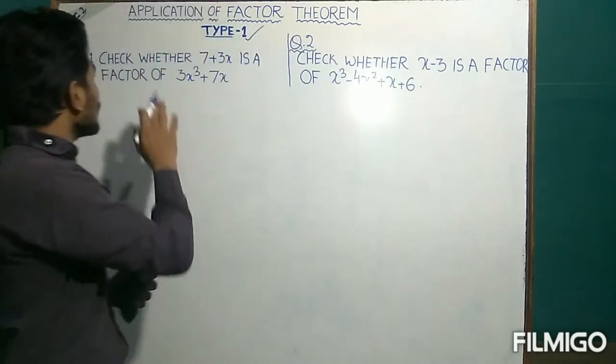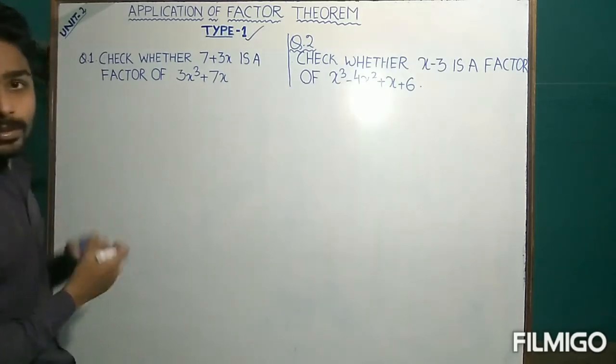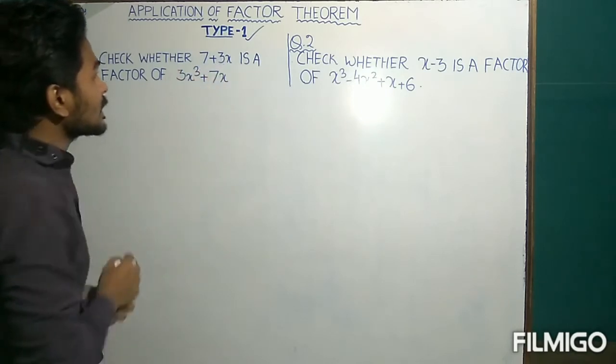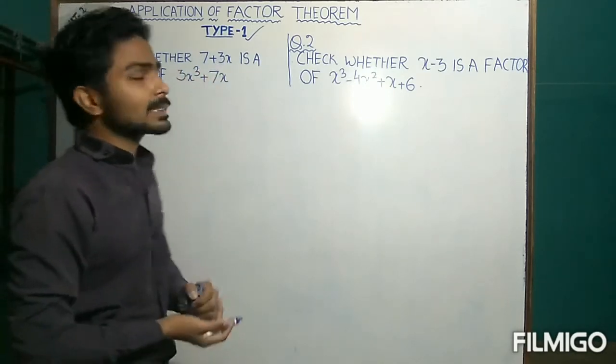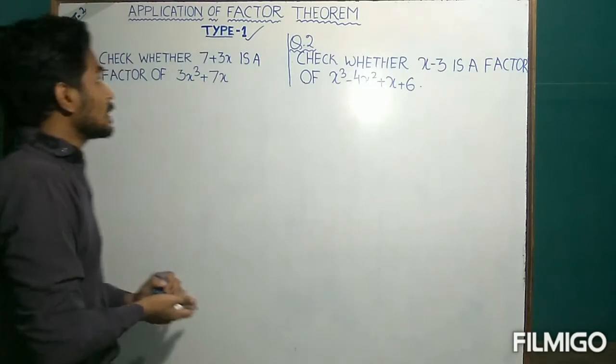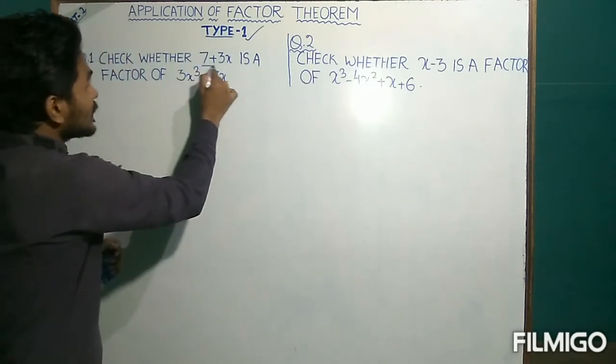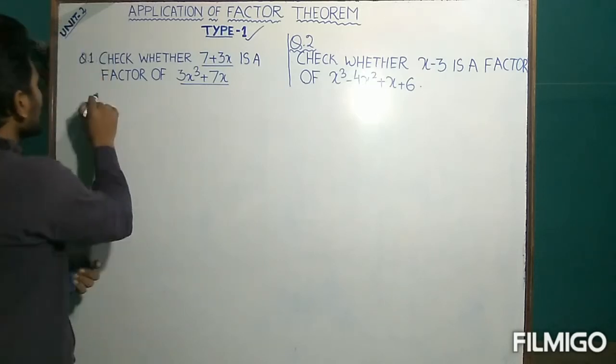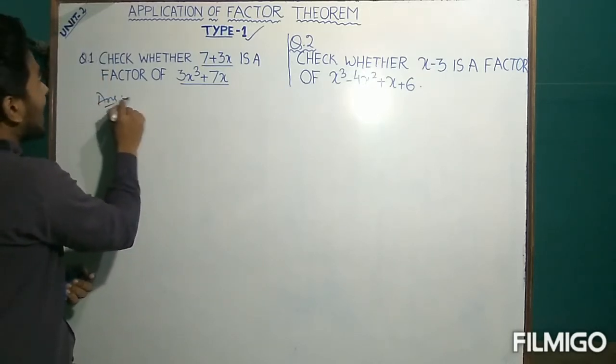So let us come to the first question. First question we have: check whether 7 plus 3x is a factor of 3x cube plus 7x. So we have to check whether this polynomial is a factor of this polynomial. Okay, so we have to first write what we have.